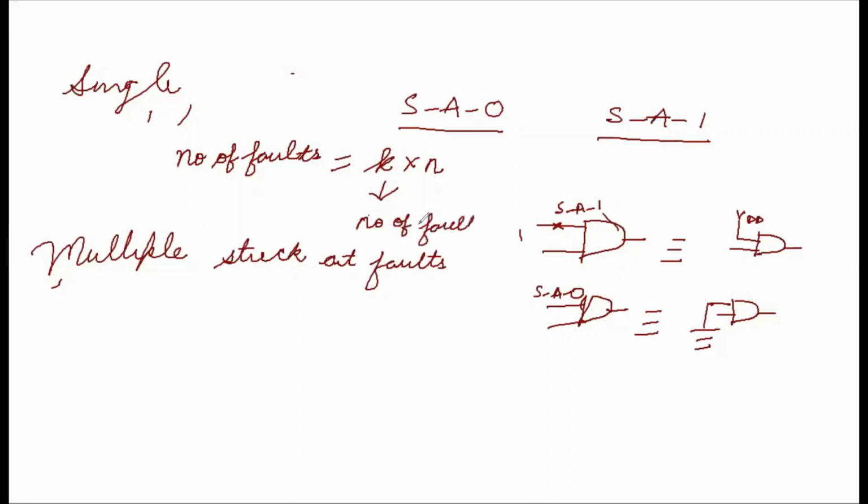Like stuck at 1 and stuck at 0, दो है हमारे केस में, तो हमारे लिए k की वैल्यू इज 2. n is the number of nodes at which these are possible.